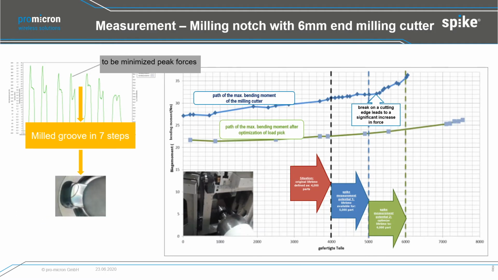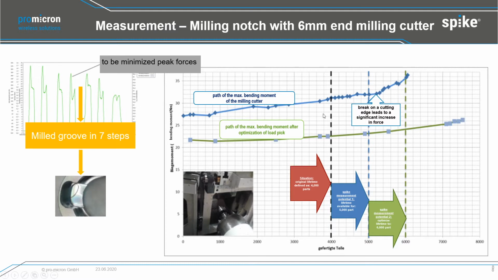The second trial is where we are looking at a milling notch with a 6 millimeter end mill cutter, and we have done a long time test. That was on a mass production in the automotive industry, and the challenge of the customer was for us to say, when do you change your tool?